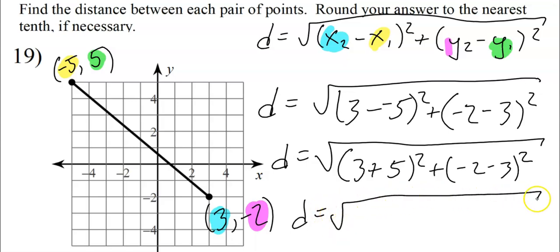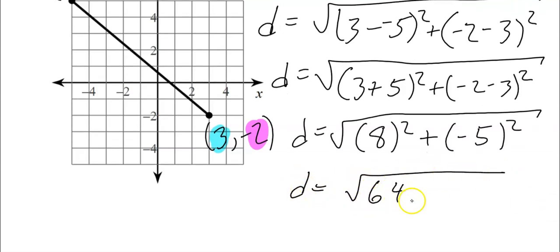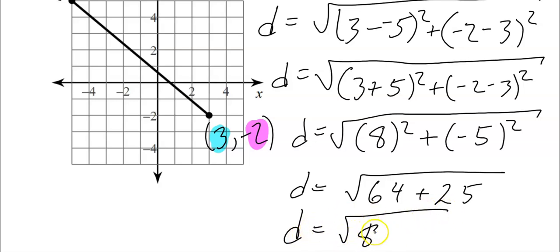So we're going to take the square root. 8 squared plus -5 squared. So the distance is the square root of 64 plus 25. So the distance is the square root of 89.